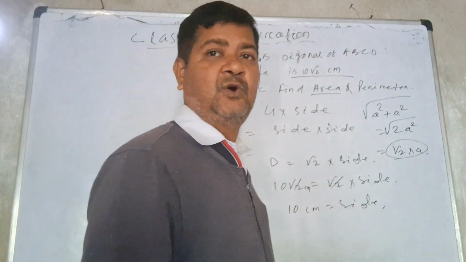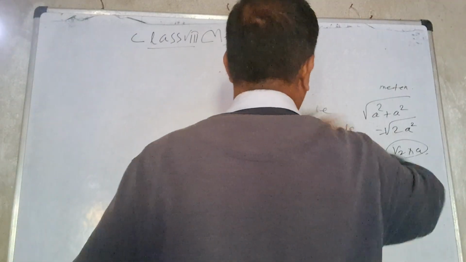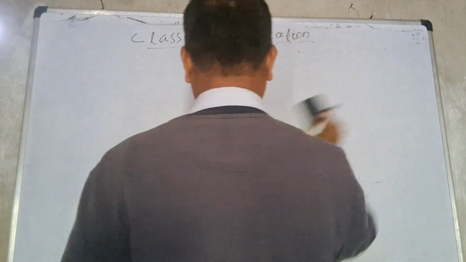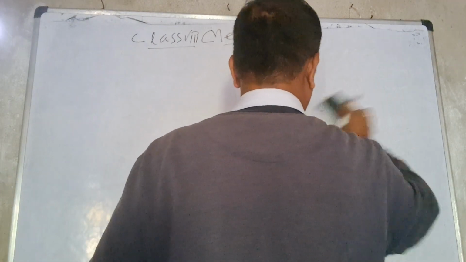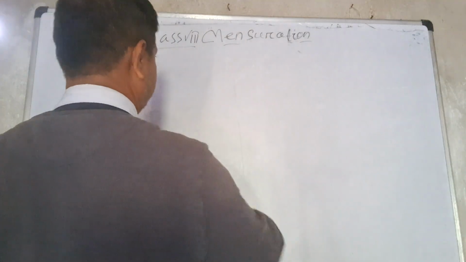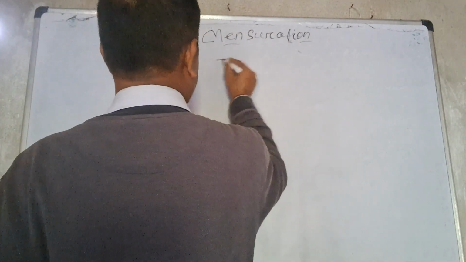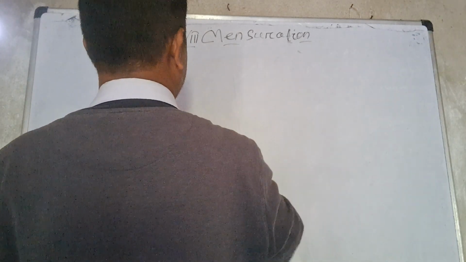Then let's go to another polygon, rhombus or parallelogram. First the parallelogram. It is a parallelogram.